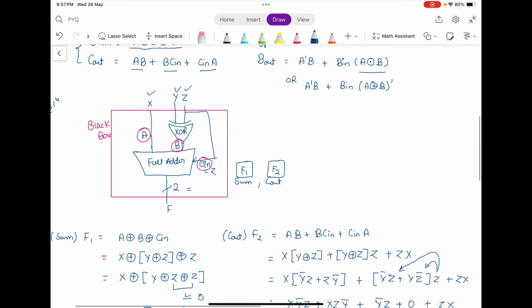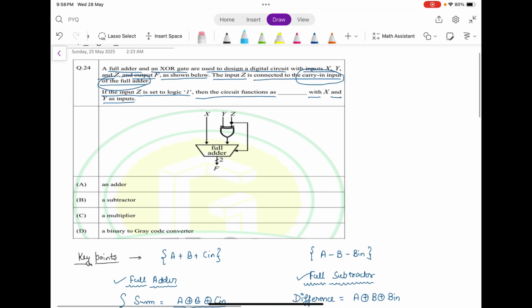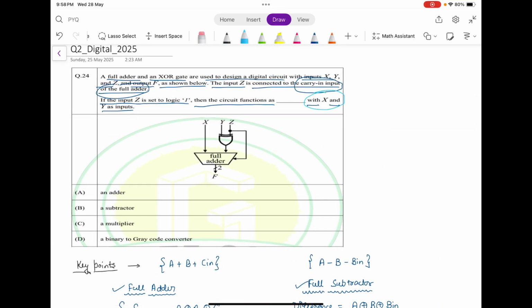The entire circuit shows that it could be a full adder or full subtractor, but it is nothing but a half subtractor, just because one of the inputs is considered to be 1, and only two inputs X and Y are playing the role to give the output F. That's what is asked in the question: X and Y as the input, set Z as logic 1.